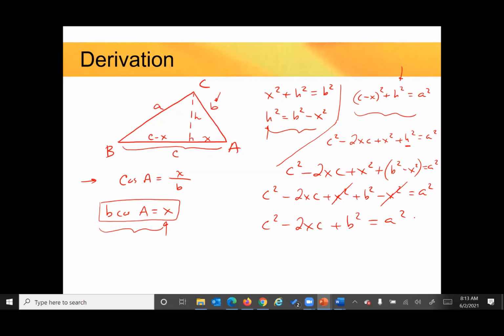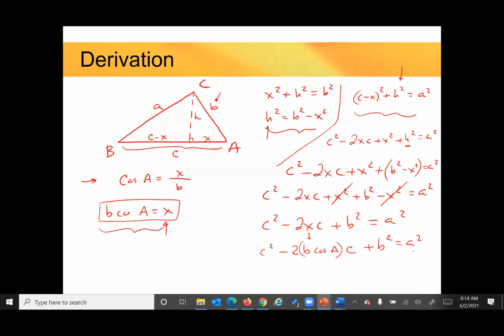And then x is equal to b cosine a, so can we plug that in? Absolutely, I'll go with that here. So that guy turns into c squared minus 2 times b cosine of a, that's what I plug in here, times c plus b squared is equal to a squared.